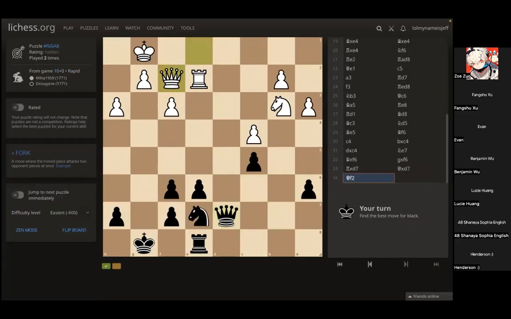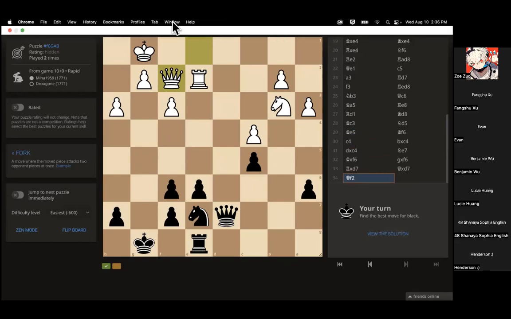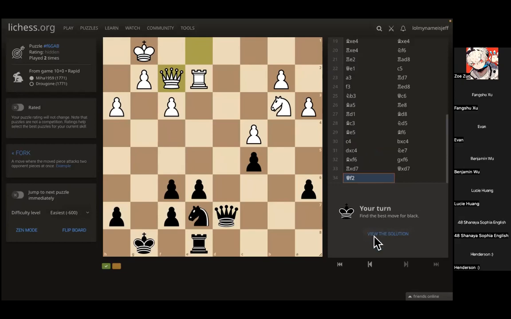Okay. This is black to move. Queen to d3. You're on the right track.